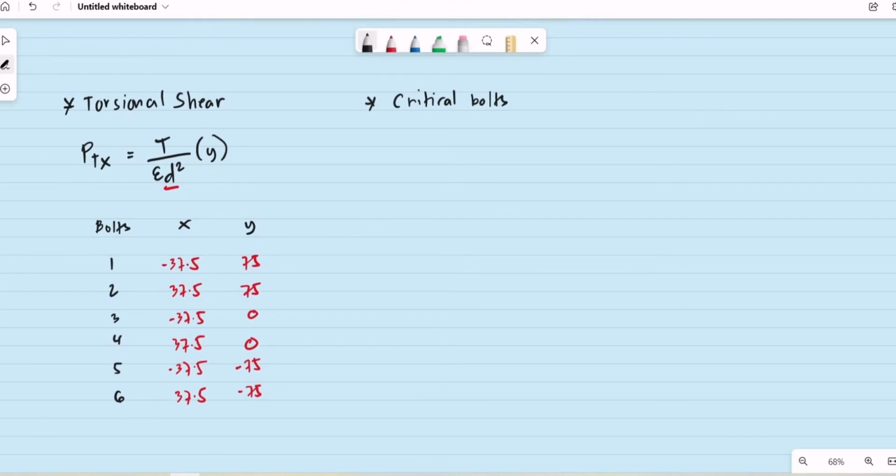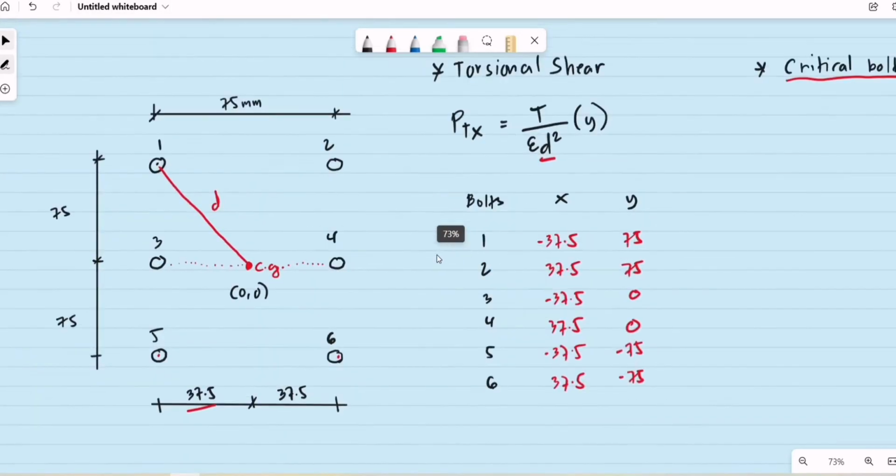Critical bolts are basically the farthest bolts from the center of gravity. So take note that the critical bolts, or the most stressed bolts, are the farthest bolts from the center of gravity.